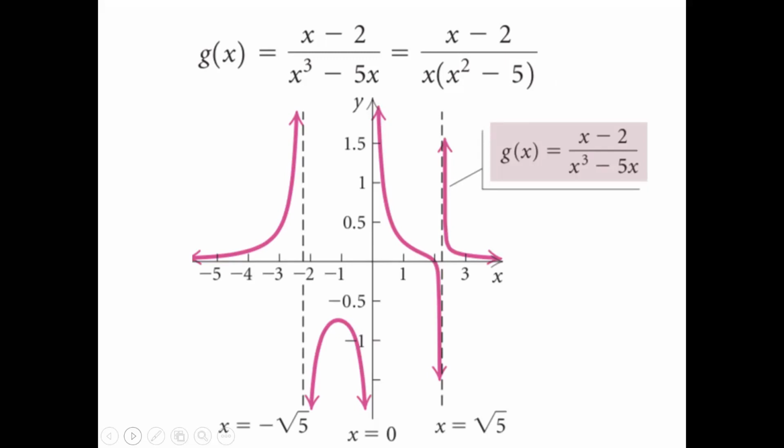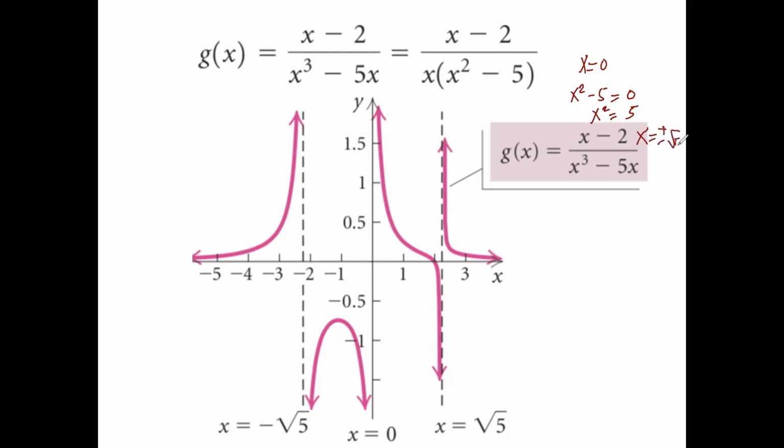If you can see, how many vertical asymptotes do we have? We have three. That is from x equals 0, and then x squared minus 5 equals 0, which is x squared equals 5. So you have x equals positive or negative square root of 5.